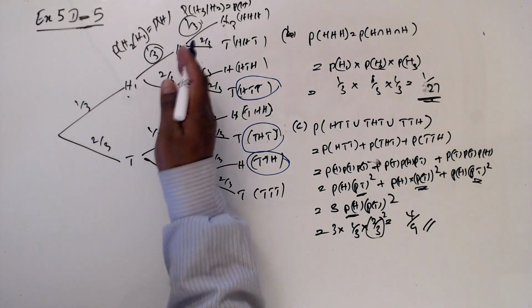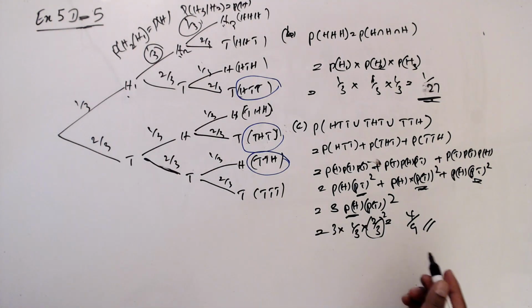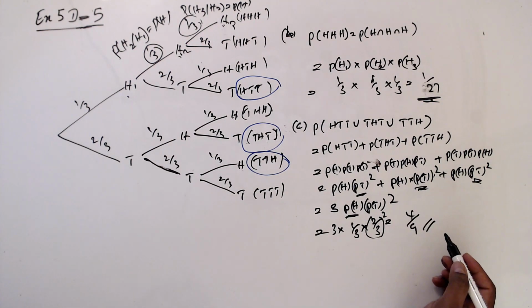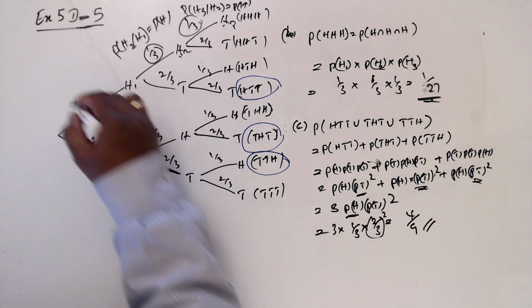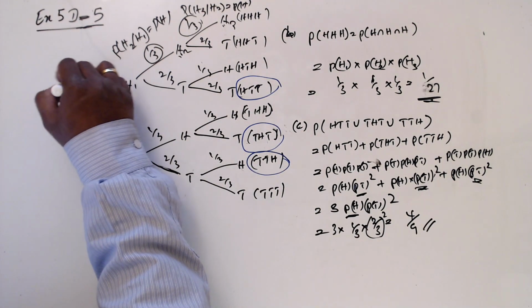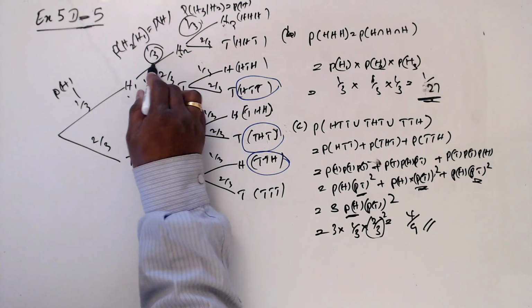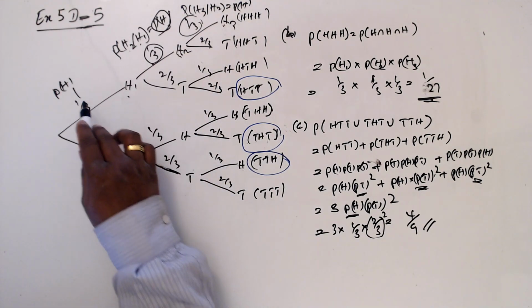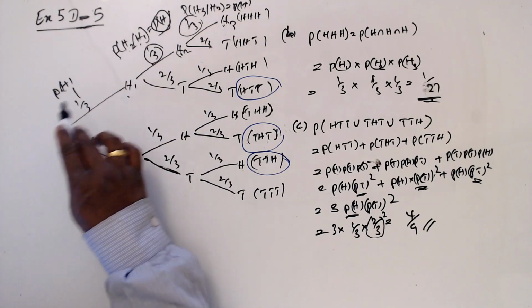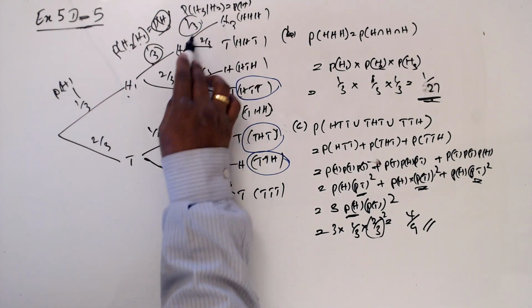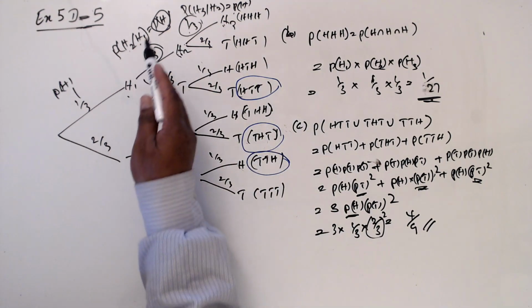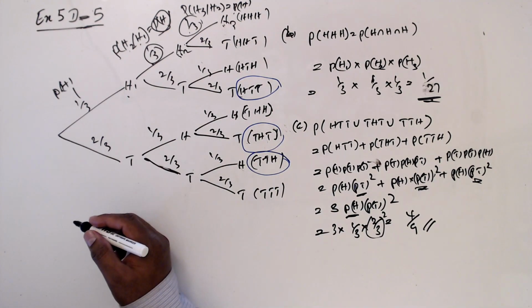This incident does not depend on that one. But in the previous one you can't put that square because they may change. So this is the probability of getting head, 1/3. H2 given H1 is still equal to PH. Same, they have the same power. This is H3 given H2, but still the same 1/3 because they are independent.